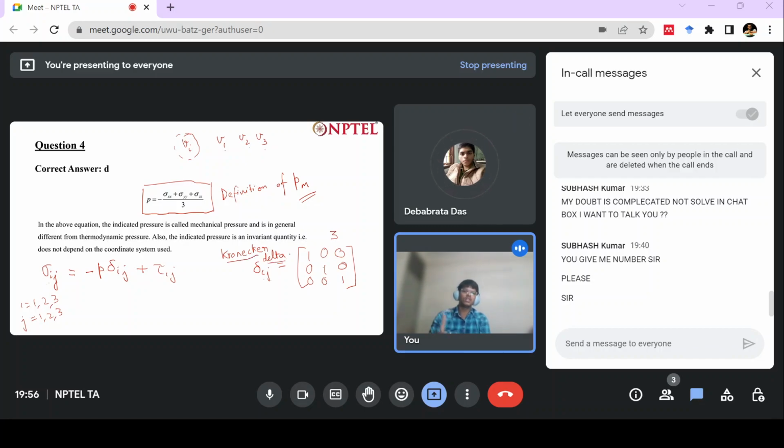When I write it in matrix form, I am writing components based on where my x, y, and z are defined, so if I rotate, the components should ideally change. But the Kronecker delta has a special property: whichever direction you decompose it in, you will still get this identity matrix, 1, 0, 0, 0, 1, 0, 0, 0, 1.